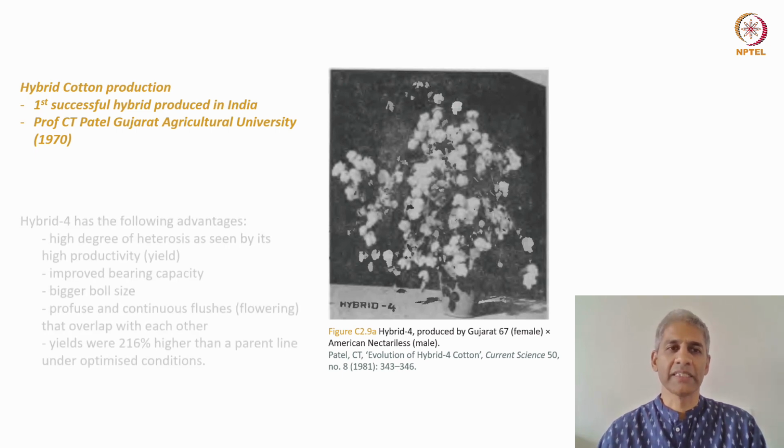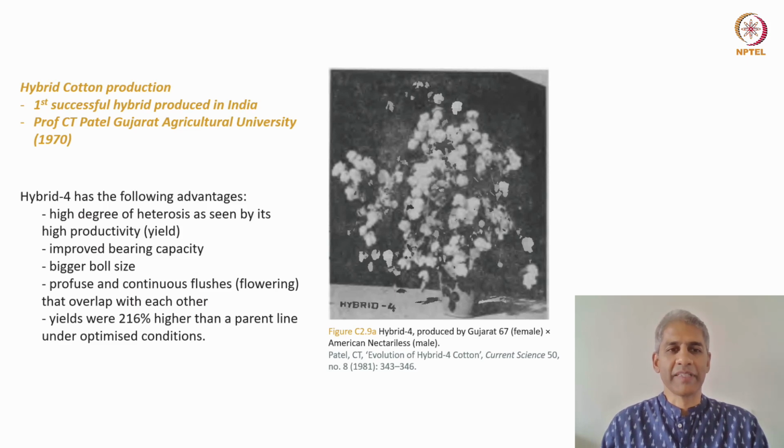And Professor Patil found out that this hybrid 4 had certain advantages. Because of its heterosis or hybrid vigor, it had a very high yield, and it had an improved bearing capacity, which means the amount of bolls which were produced. The size of the boll was also larger, and it underwent frequent flowering, which again would have contributed to the increased yield.